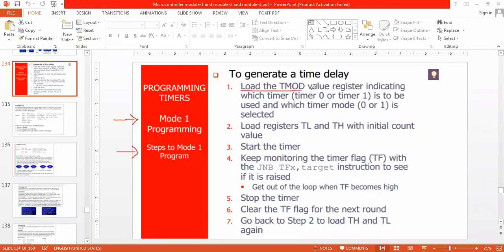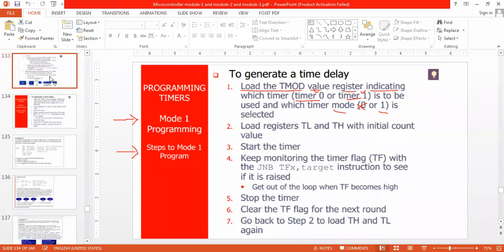Load the TMOD register indicating timer 0 or timer 1. We can go for either timer 0 or timer 1, right? Then what should be the value of mode? There are two mode bits in timer 0 as well as in timer 1, the lower 2 bits. At least remember the timer mode register configuration.